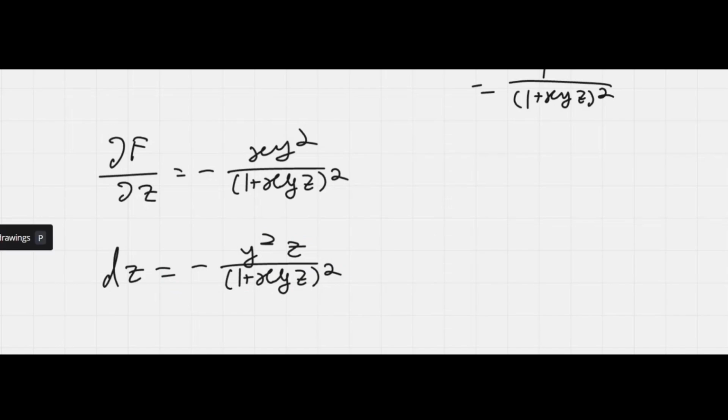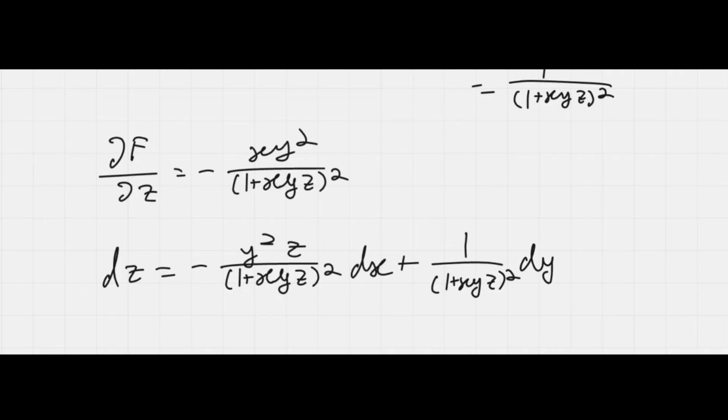That's going to be multiplied by dx, plus 1 over (1 plus xyz) squared multiplied by dy, because that is the partial derivative of f with respect to y, minus xy squared over (1 plus xyz) squared, and that's going to be multiplied by dz, because again, that is the partial derivative of f with respect to z.